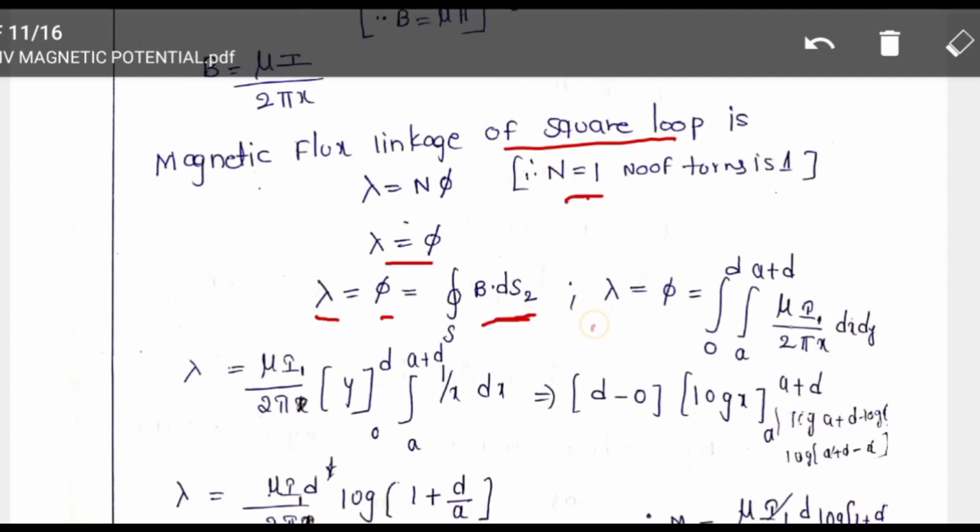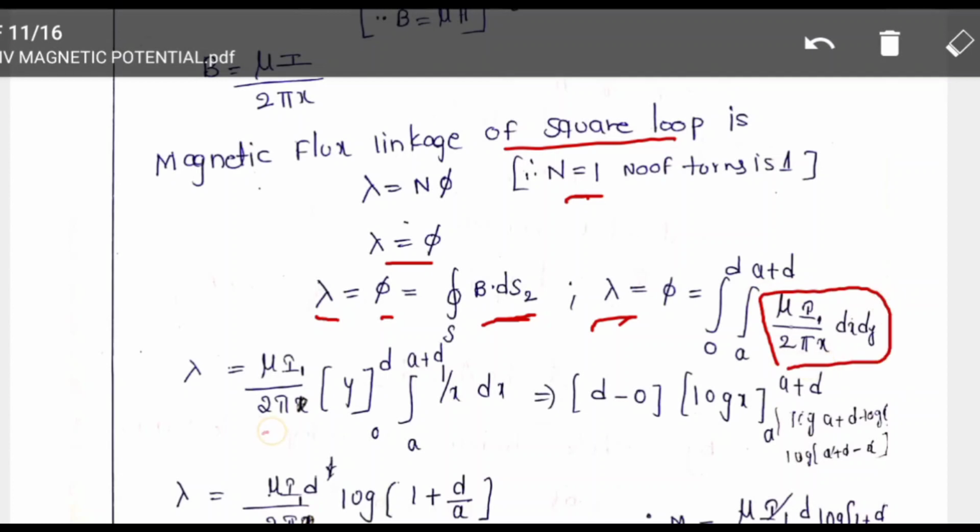We know the phi and B relation. Phi is obtained by integrating flux density with respect to surface: lambda equal to phi equal to the integral from a to a plus d, where B we already know, flux density mu I1 by 2 pi x, dx dy.